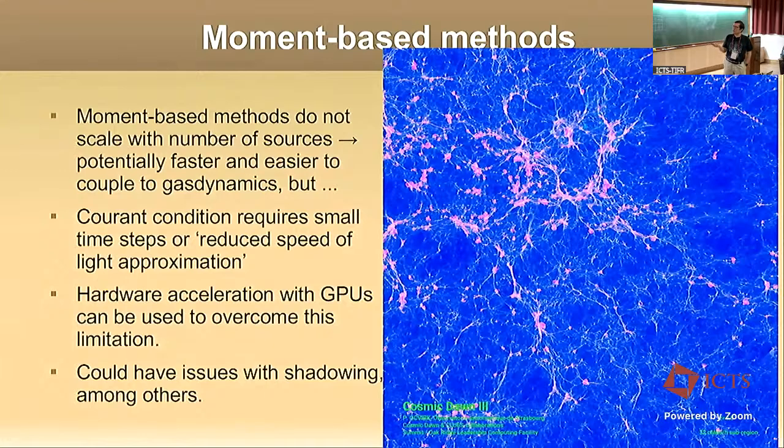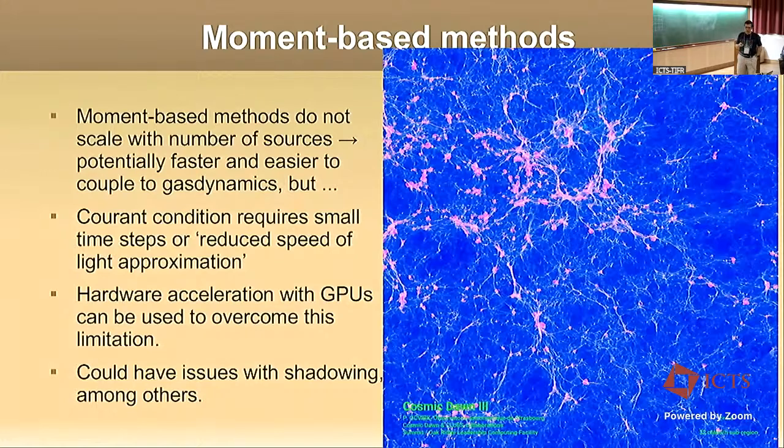Or you can do hardware acceleration with GPUs, and like we did in this simulation, just use the full speed of light and very short time steps, which you can do, but then you have to make many, many time steps. And well, the GPUs help with that.